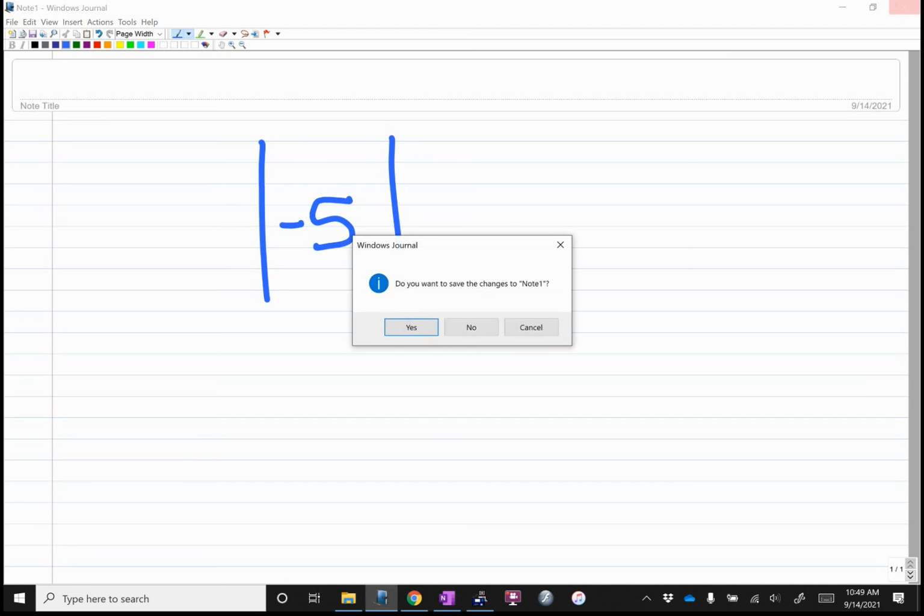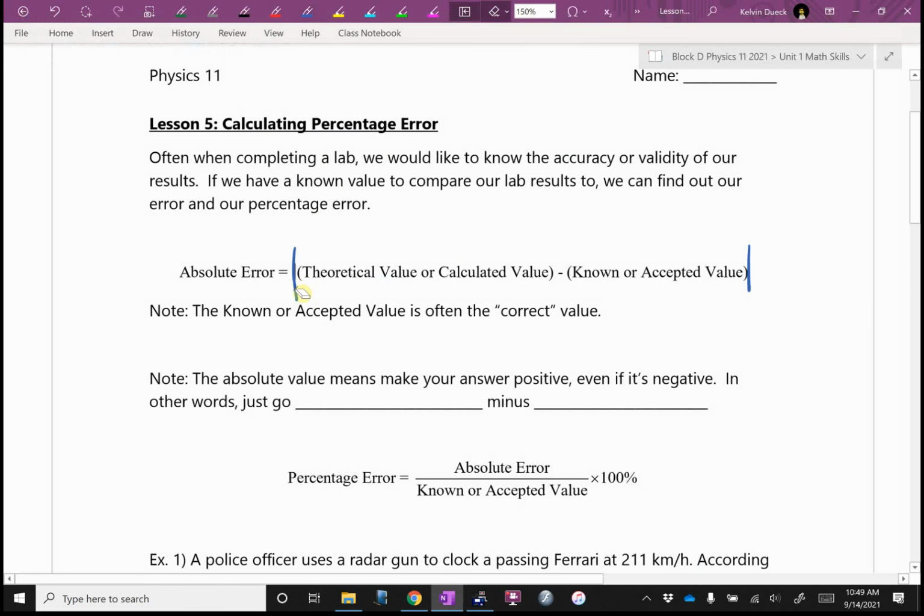Okay? So I put absolute value signs around this, but honestly, what I almost always do if I'm finding the absolute error, I just go bigger minus smaller. So if I got 10 and I was supposed to get 12, I wouldn't go 10, take away 12, -2, lose the -2. I would just go 12, take away 10, it's 2.